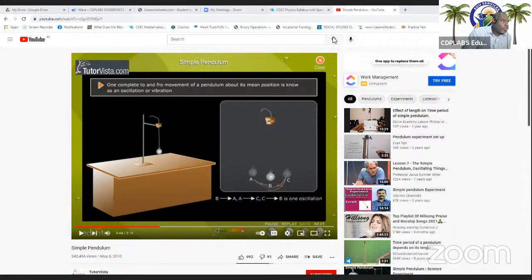In other words, the string goes here, then it goes here, and comes back here. So B to A to C, and C to B is one oscillation. So you have to record the time after one oscillation. Is that clear? Yes, sir.